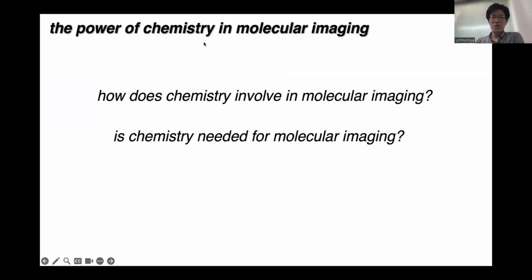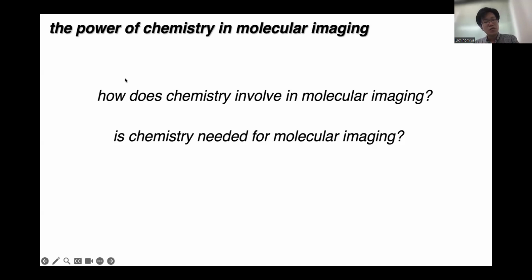Now you can understand the importance of molecular imaging, but since you belong to the department of chemistry, you may think molecular imaging is a technique in biology. Of course, that is true, because the final goal of molecular imaging is the discovery of biological phenomena.